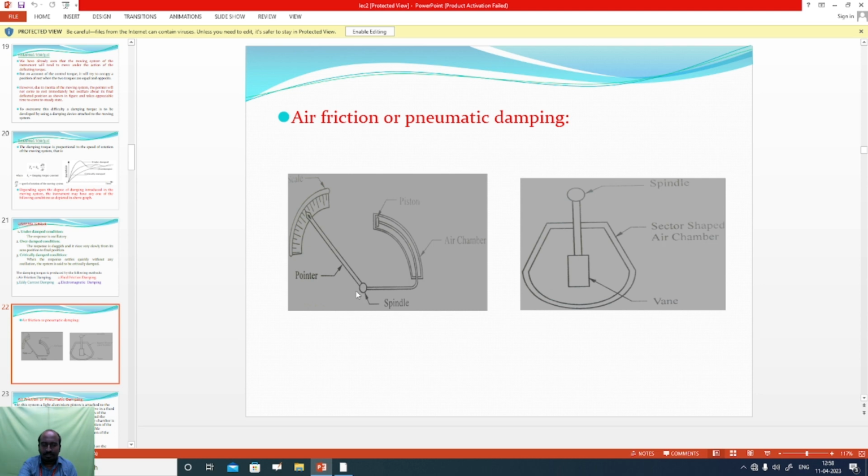Due to the air friction, the pointer and the spindle connected to it will not move further, as the piston will hold its position in the air chamber.